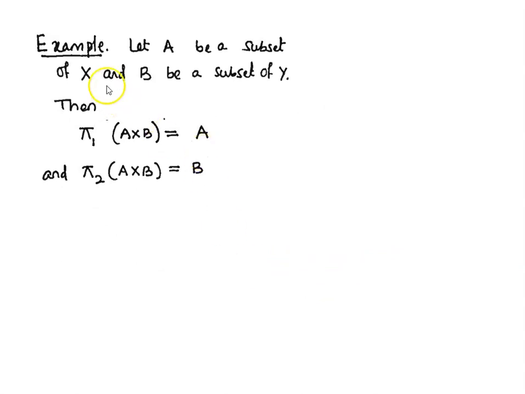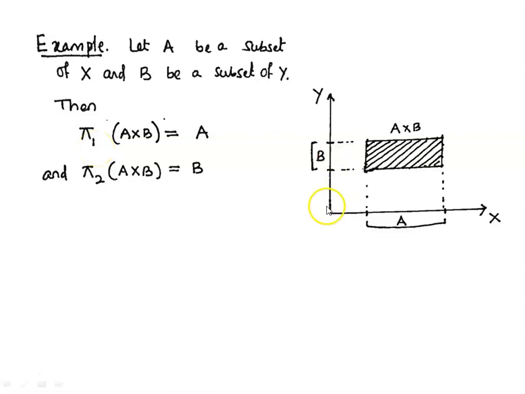Now let us consider one example. Let A be a subset of X and B be a subset of Y. Then what about pi1 of A cross B? Here we have X axis and here we have Y axis. A is a subset of X and here B is a subset of Y. Now our A cross B is this rectangle.